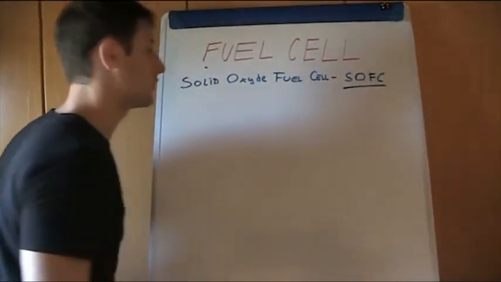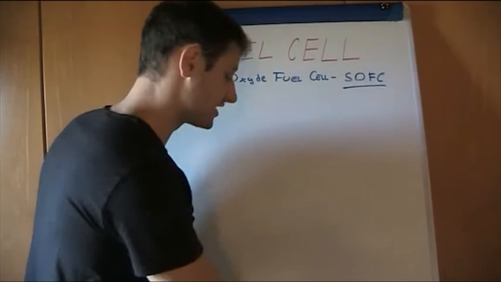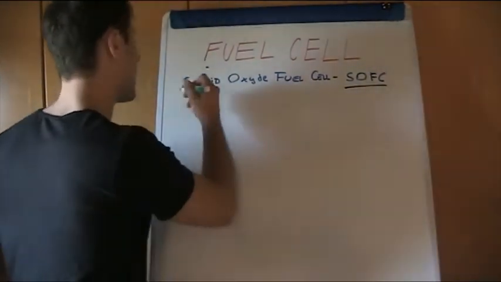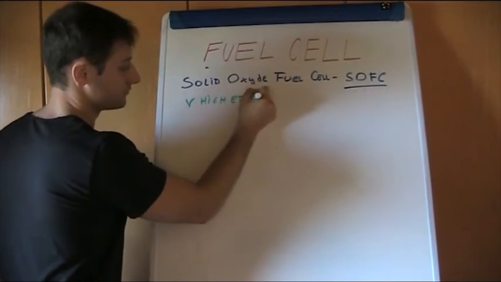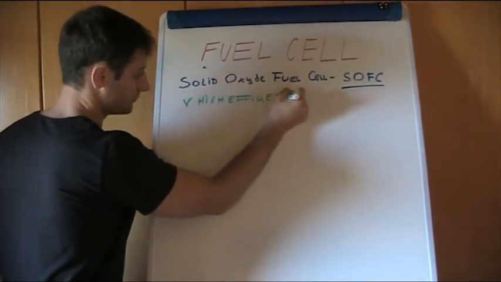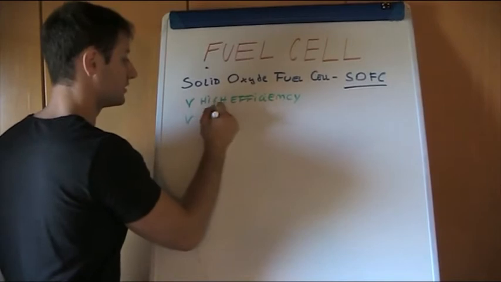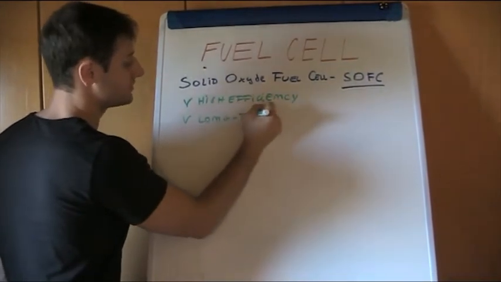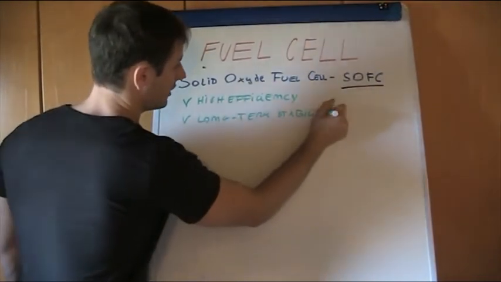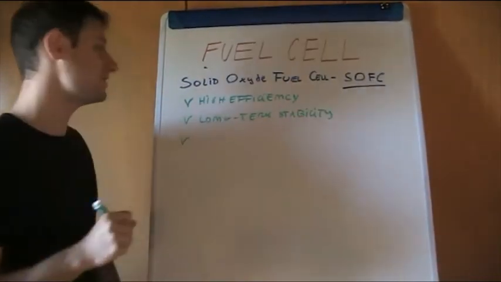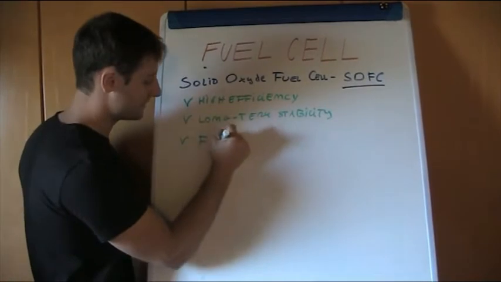So in accordance with this technology, we can have different pros and different cons. For instance, the advantages are a quite high efficiency, long-term stability, and quite interesting fuel flexibility.